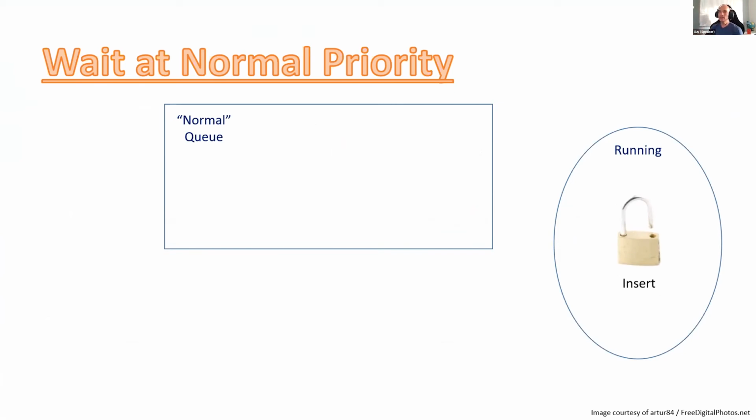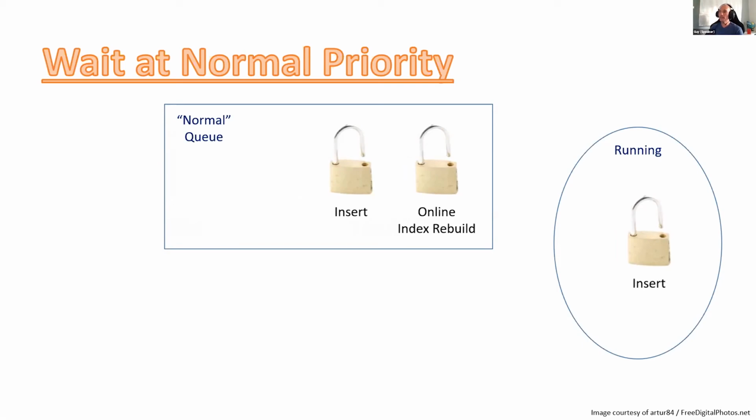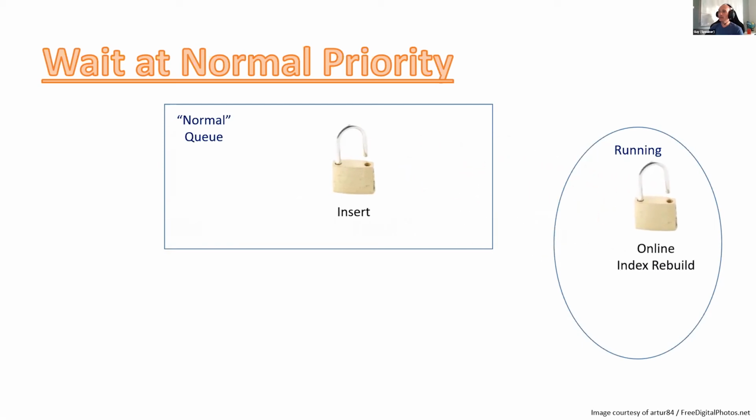While it's running, we have an online index rebuild request going into the normal queue, the only queue we have. Now it's waiting behind the insert. Let's say that now there is another insert statement. It will wait behind the online index rebuild. So now this insert statement might be blocked for some time. As soon as the first insert is done, the online index rebuild starts to work.